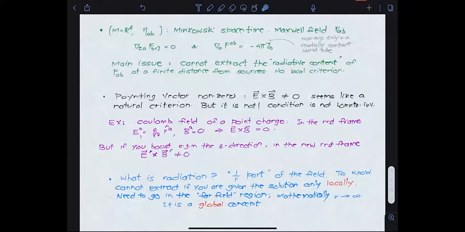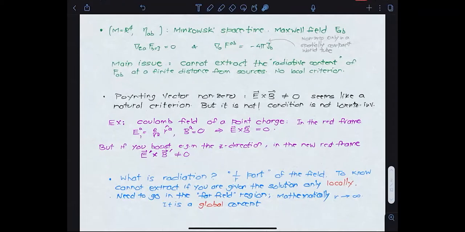What we're going to assume is that this charge current is non-zero only in some spatially compact region. We're interested in isolated bodies, so two or three charges might be interacting with each other in some spatially finite region of spacetime, and we want to know about the radiation that is emitted.